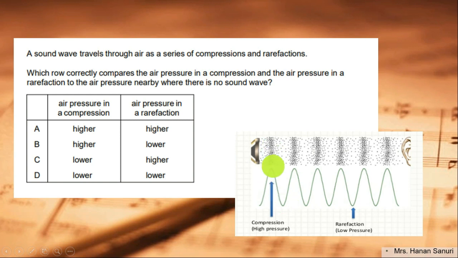So compression is the area of high pressure, and rarefaction is the area of low pressure. So which one is the answer? Air pressure in a compression has to be higher. Air pressure in a rarefaction has to be lower. So the answer is B.